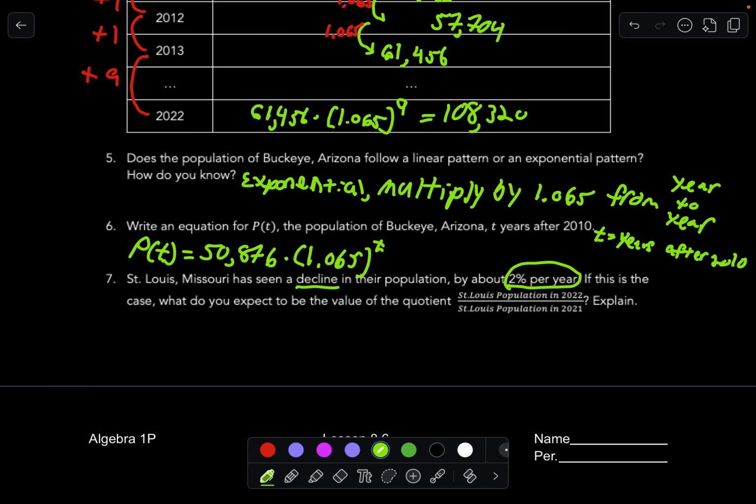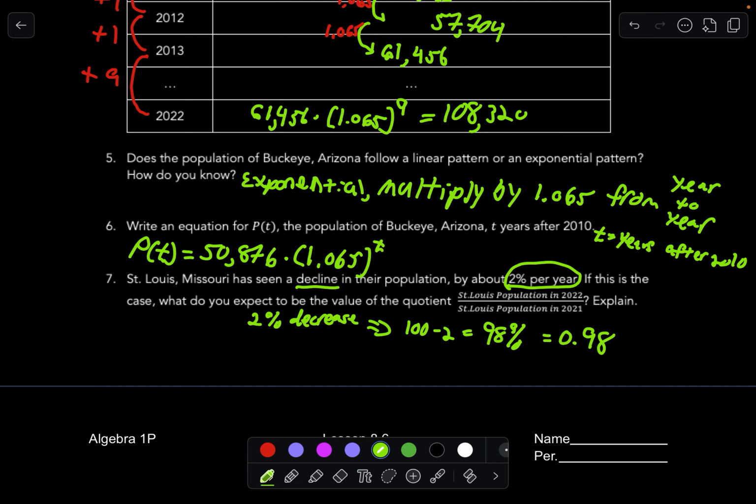Well, if it's decreasing by about 2% per year, so a 2% decrease means you would have 100 minus 2, which is 98% left of the original amount. So this is 0.98.